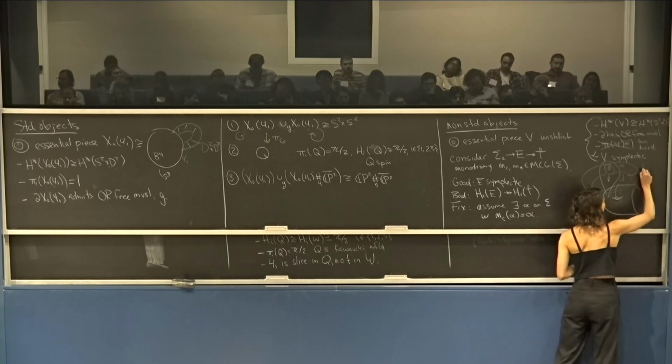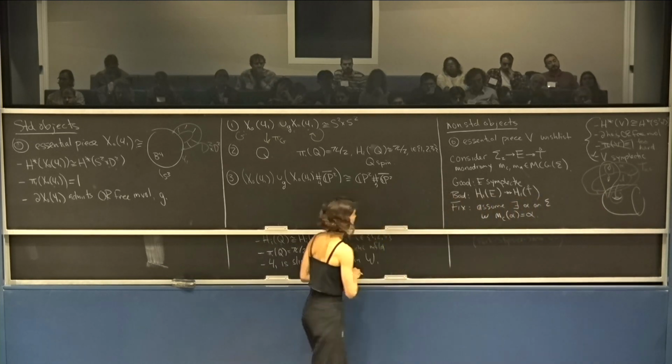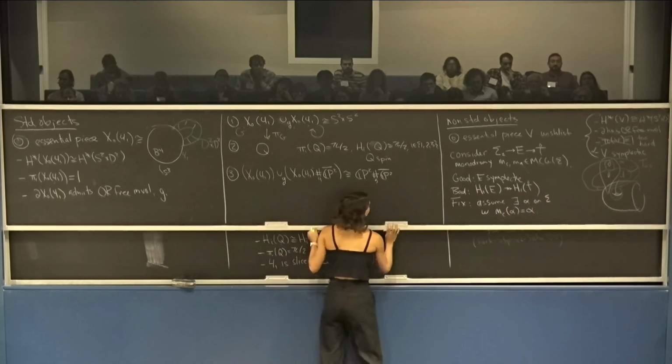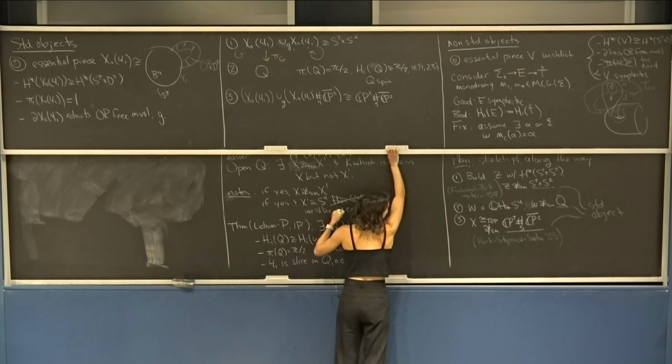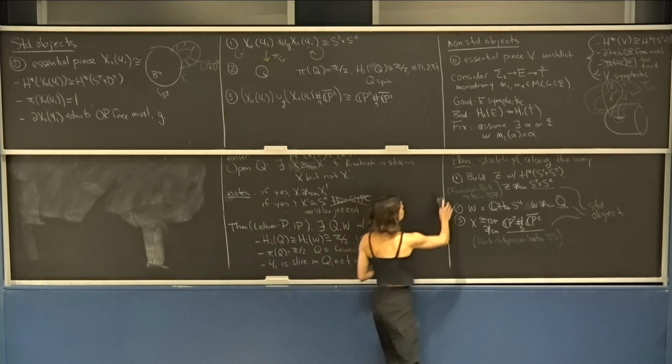Let's call this T alpha C. And now I want to make some observations about it.